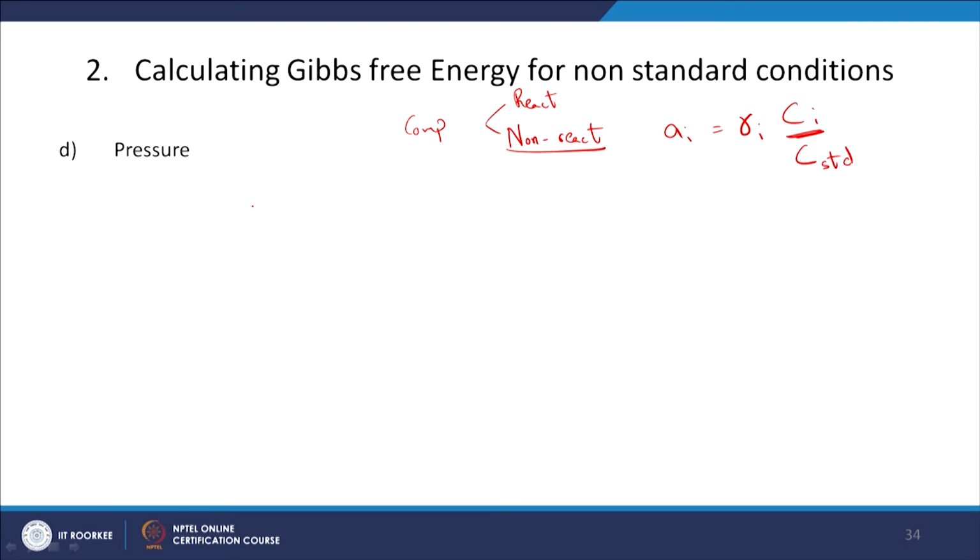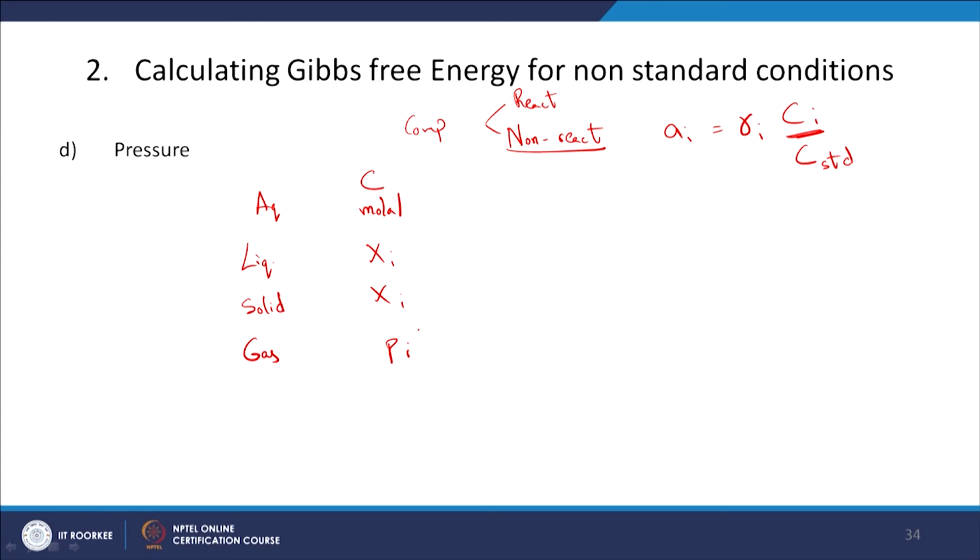And what were the phases? For aqueous phases we said the concentration units need to be molal. For the liquid phase we said the units had to be mole fraction, the number of moles of your particular component by the total moles. Same with the solid phase, we look at mole fraction, but for the gaseous phase we look at the partial pressure.